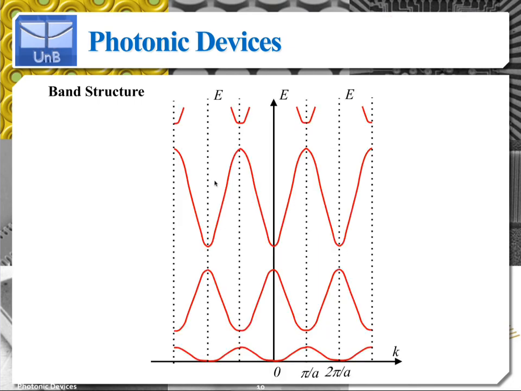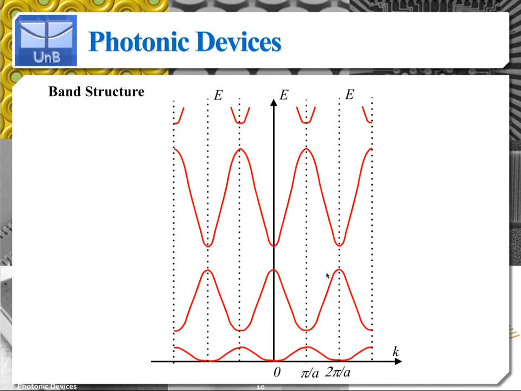So for a one-dimensional lattice, you're going to obtain graphs similar to these ones right here. So let's take this curve right here. It's periodic with respect to k, and the period is 2 pi over a.